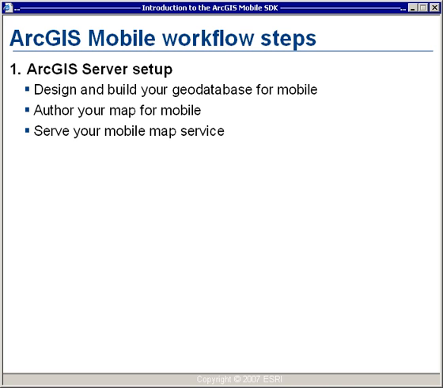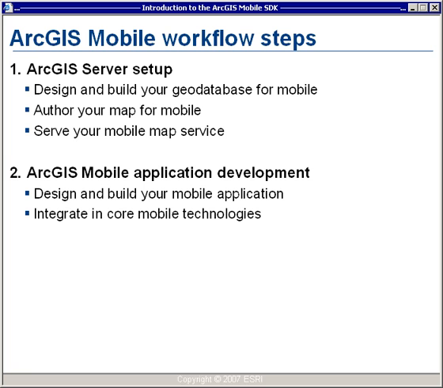As part of this process, deploying for mobile is very different than developing for desktop, and as we'll see in a moment, we need to author our map specifically for mobile. And the third piece there is we need to serve this mobile map up as a service. We need to create the web service so that we can enable the synchronization between the client application and the server itself.